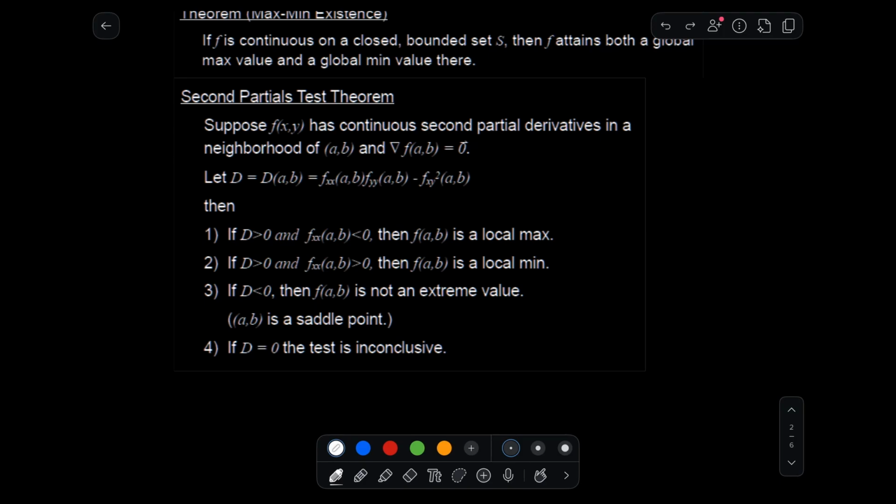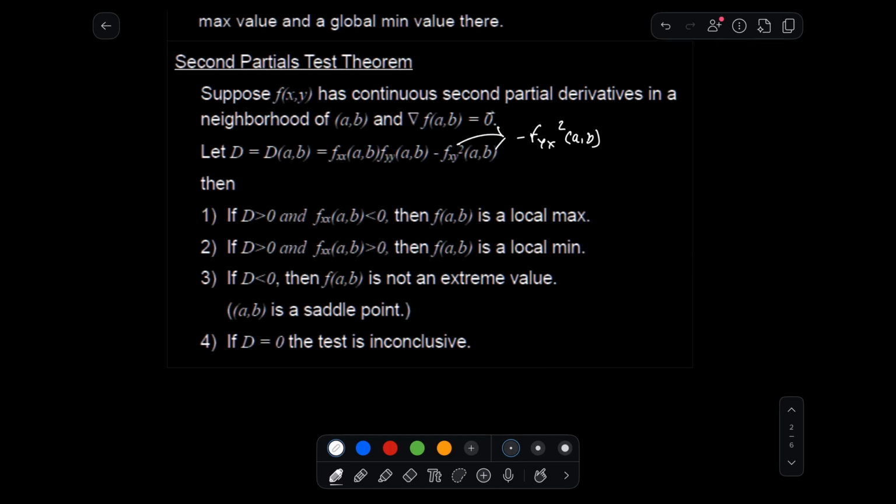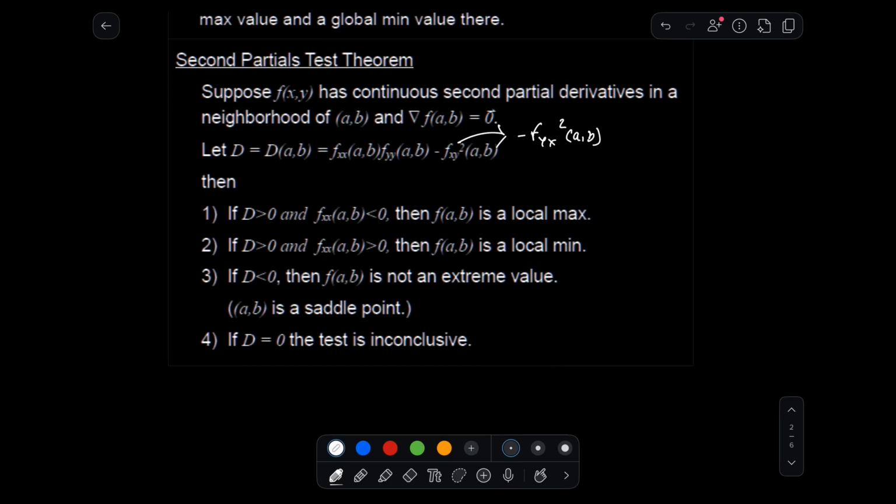We let D equal D of (a, b) be equal to the second partial of f with respect to x at (a, b), times the second partial of f with respect to y at (a, b), minus the mixed second partial of f with respect to x and y at (a, b), squared. This, remember, is also just equal to negative... Those two are the same thing, and we've shown that before in our previous section, section 12.4.